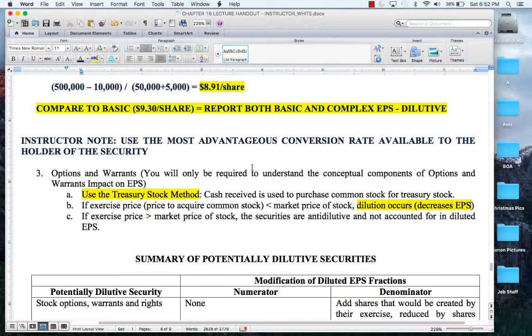Therefore, you're decreasing your earnings per share. If the exercise price is greater than the market price of the stock, the securities are anti-dilutive and not accounted for in the dilutive EPS. So just make sure you understand A, B, and C there from a conceptual standpoint. You'll not be able to take that and apply numbers and do the calculation.